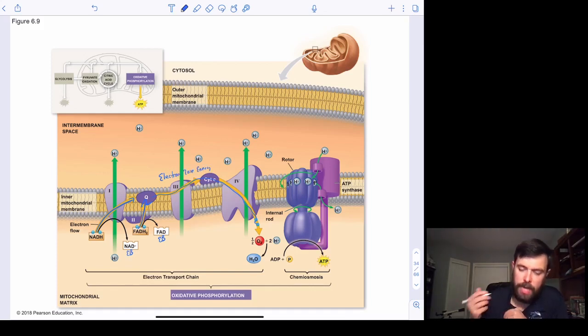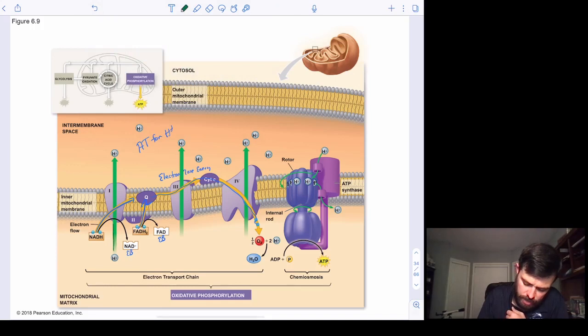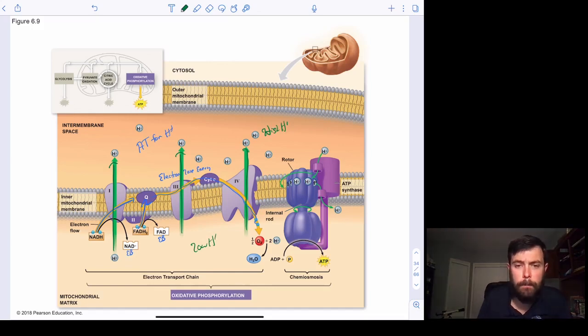And they lose their energy because we are doing active transport of hydrogen ions. So we're moving these hydrogen ions across the membrane. So we're going to have high hydrogens here and low hydrogen here.